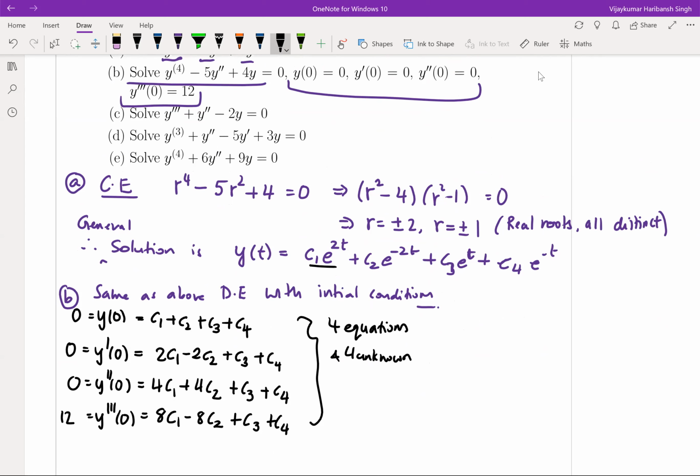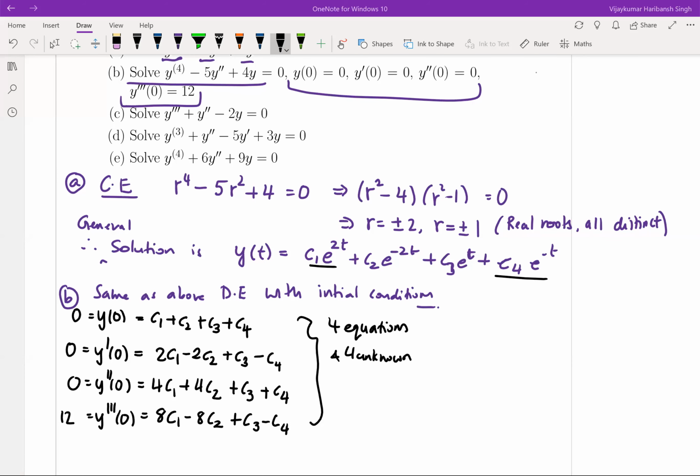So I solve it. Sorry, I made a mistake here. This should be minus, this should be plus, and this should be minus, because we are looking at the derivative of this part. The derivatives will basically oscillate with plus or minus signs.